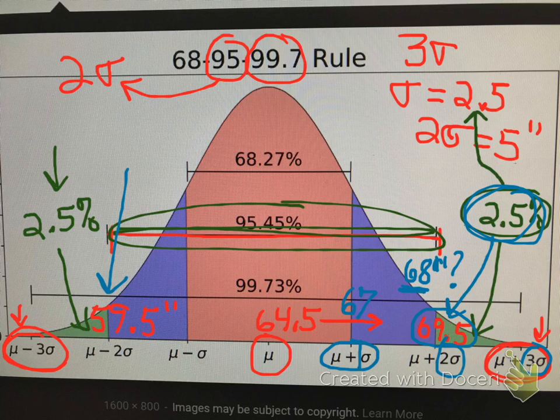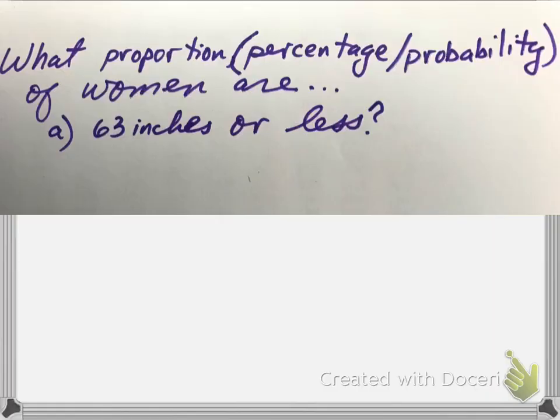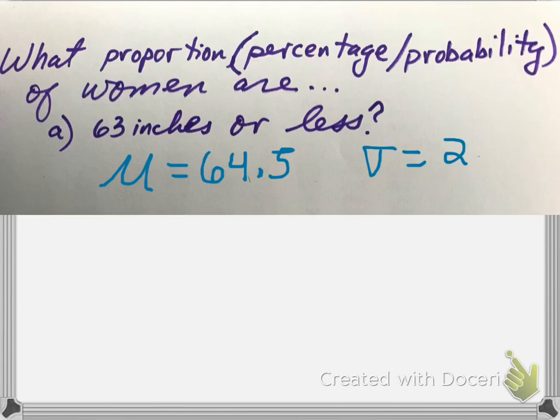So let me do a couple examples with you. We know that the mean, notice I'm going to use the population mean, is 64.5 inches, and the standard deviation is 2.5. Now, 63 inches is not a whole standard deviation away from the mean.